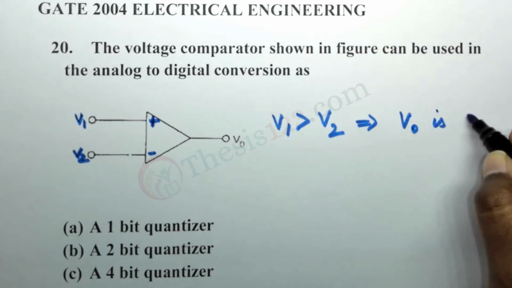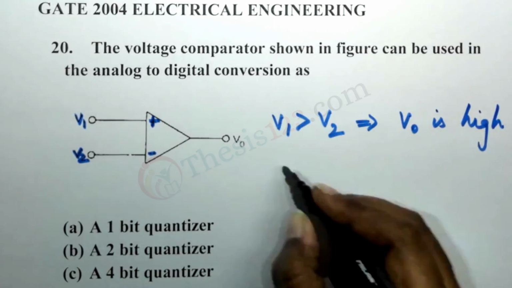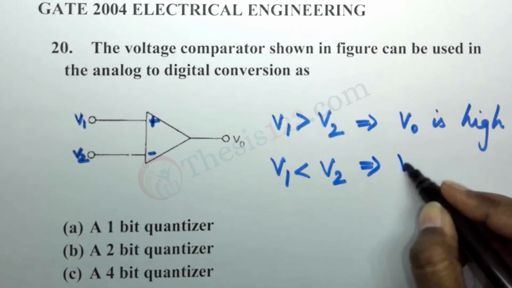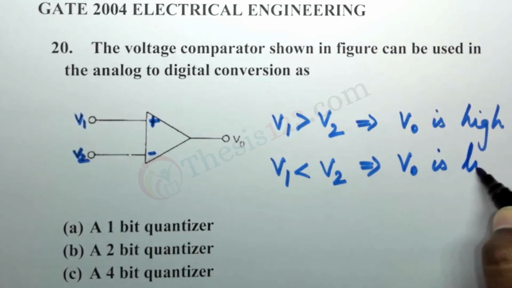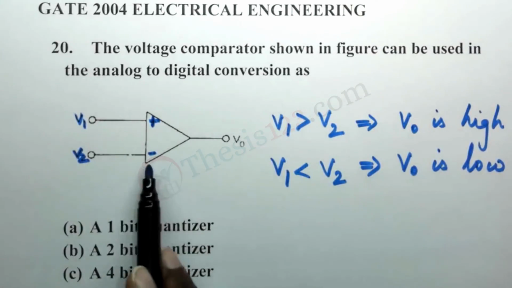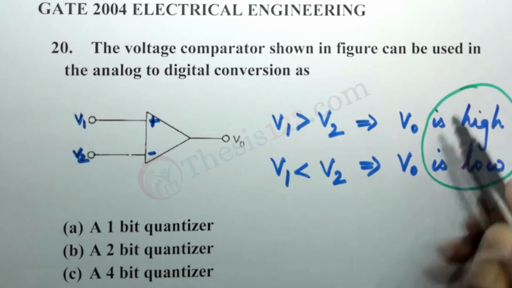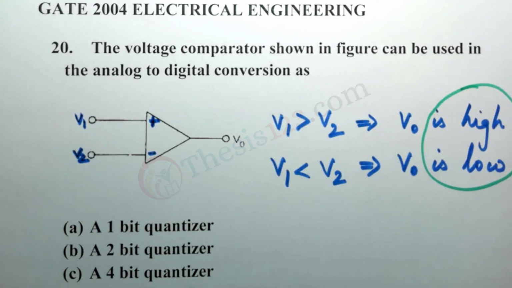Now in the next case, V1 is less than V2. So when V1 is less than V2, the output V0 is low. And why is that? Because V2 over here is negative. Okay. Now because it has an alternatively high and low output ratio, the voltage comparator is a 2-bit quantizer.